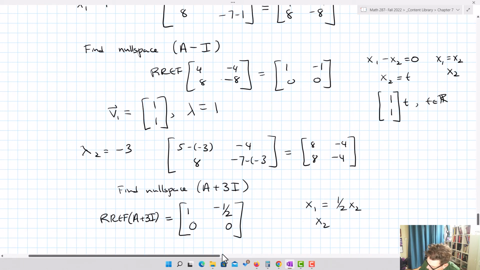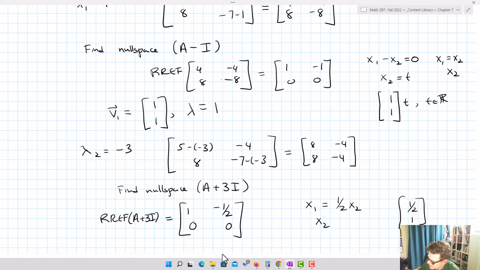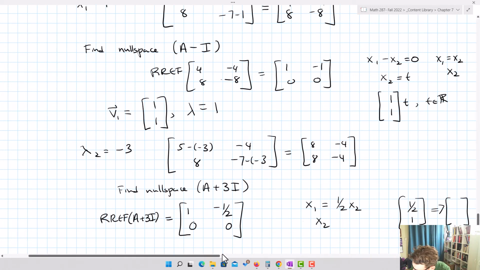So what we get here is 1 half, 1. How you're often going to see it written instead is as 2, 1. So the vector 2, 1 is going to be our other eigenvector. Or excuse me, not 2, 1. It's going to be 1, 2.